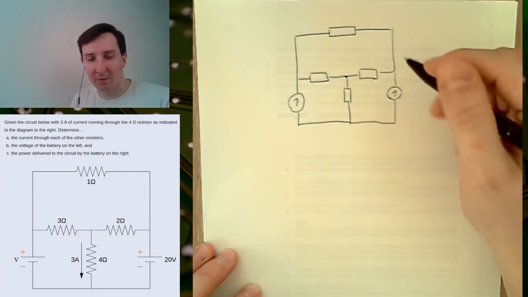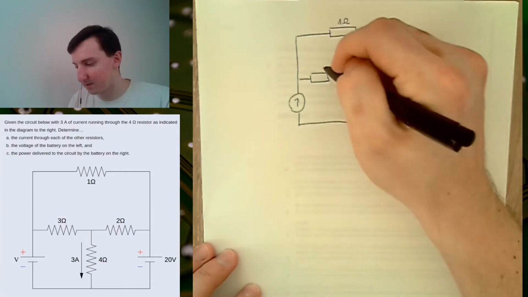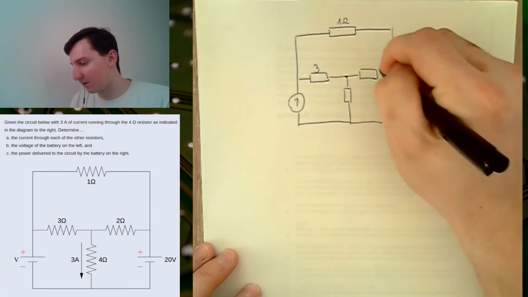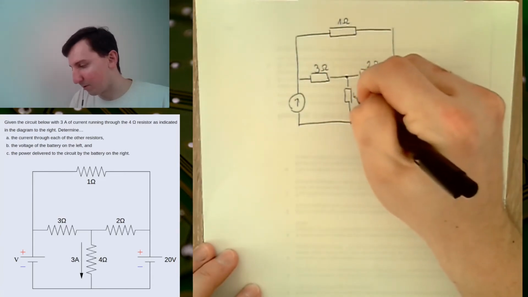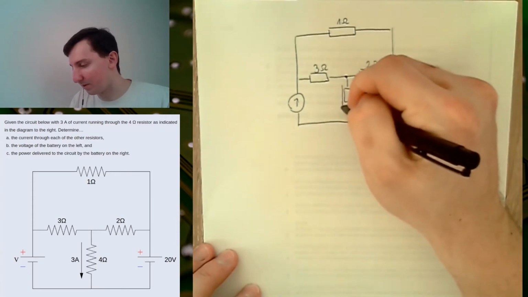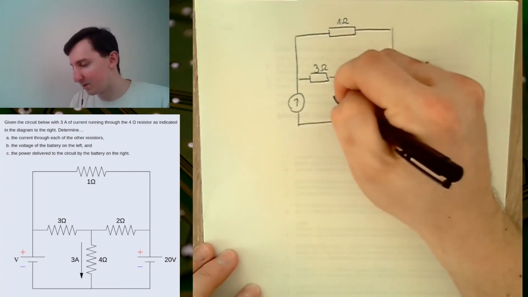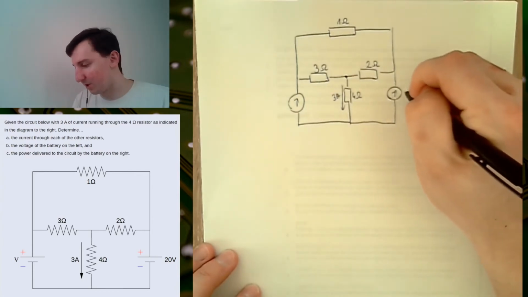Okay, and let's see what do we know. So this resistor has 1 ohm resistance. This is 3, 2, 4 ohms, and moreover we know the current flowing through this resistor, which is 3 amps, and the voltage here is 20.